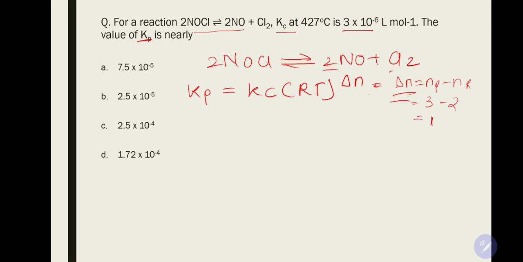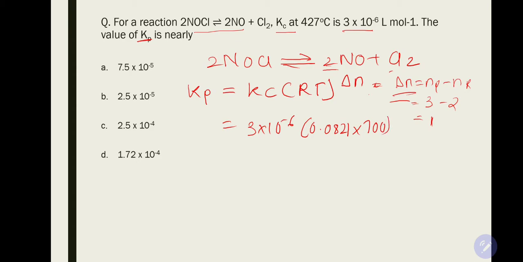Now substitute the values. The value of Kc is given as 3 into 10 raised to minus 6, into the value of R, which is 0.0821, into 700 as the temperature. What is the temperature given to you?